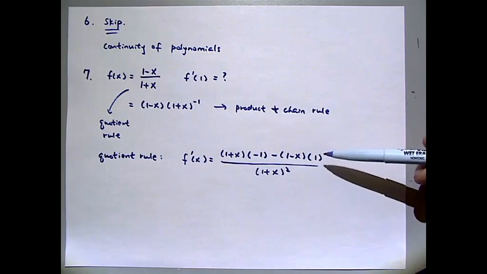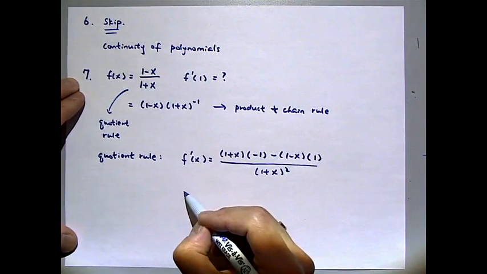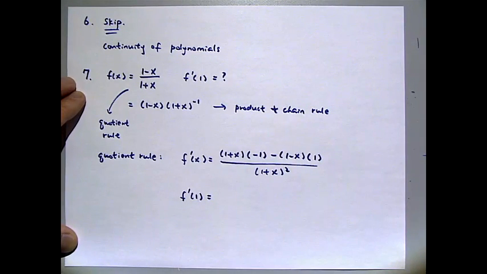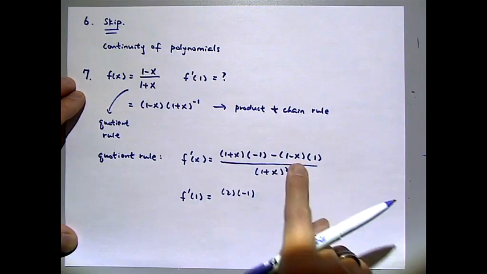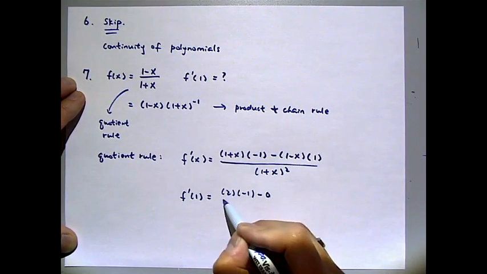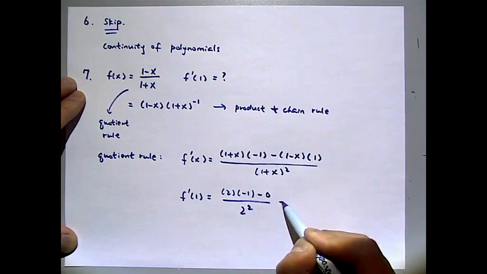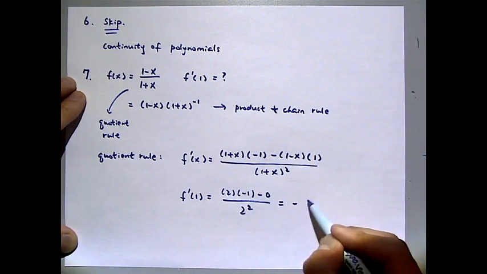Simplify if you want to, but you don't really have to because you're going to plug in a value for x. So we'll just go and do it. Get the 2 minus 1, and that's a 0. Downstairs is a 2 squared. And so we end up getting a minus 2 over 4 or minus 1 over 2.